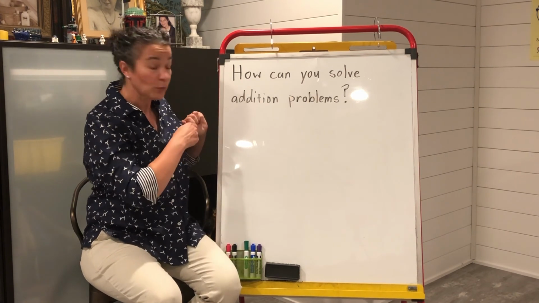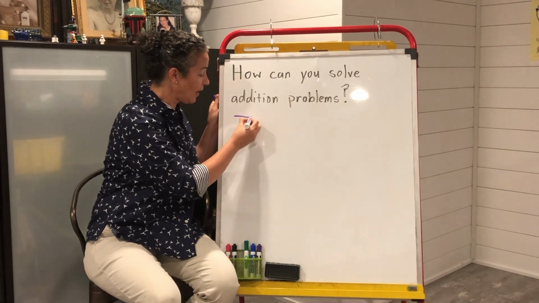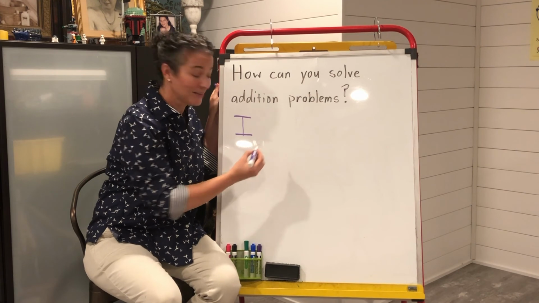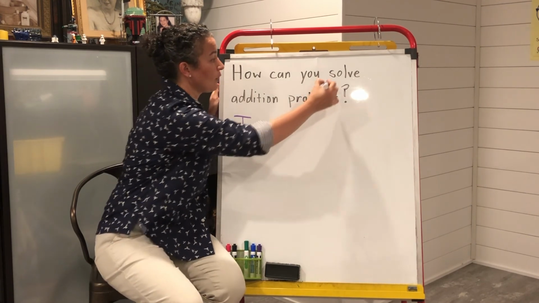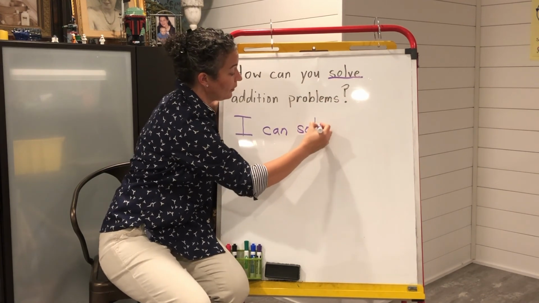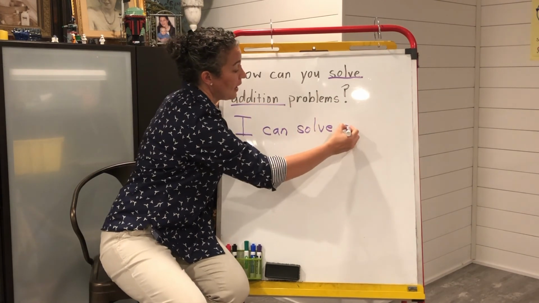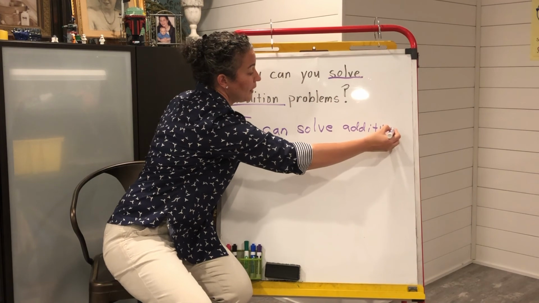All right, my friends, what's the rule about that little word I? You're right, it has to be capitalized. I can. I love this word. How do we spell can? C-A-N. Solve. It's right up here. We can borrow it. S-O-L-V-E. Addition. It's right here, my friends. A-D-D-I-T-I-O-N.